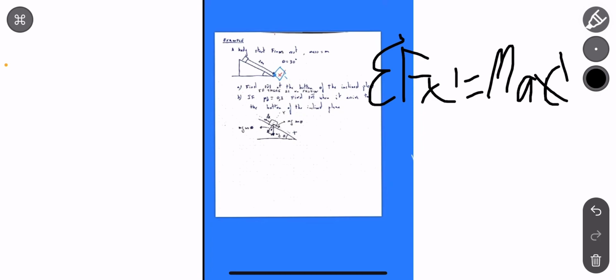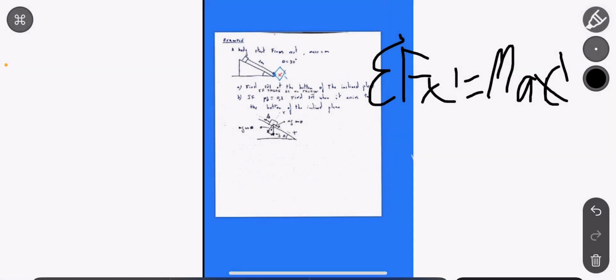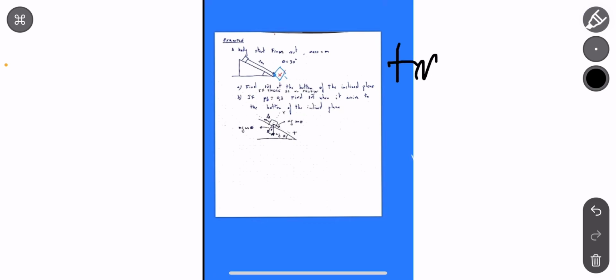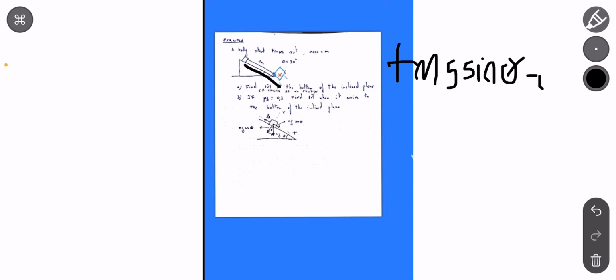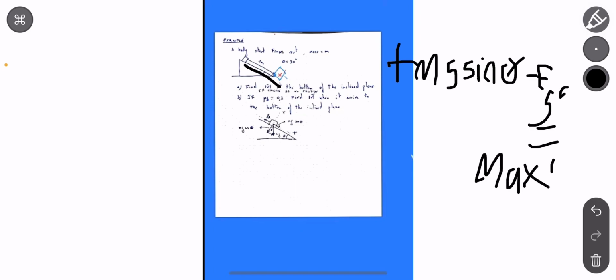We'll essentially use the same equation we've been using before, which is positive mg sine theta, because it's on the slope, like we're looking at it here, minus the friction force, equals max1.